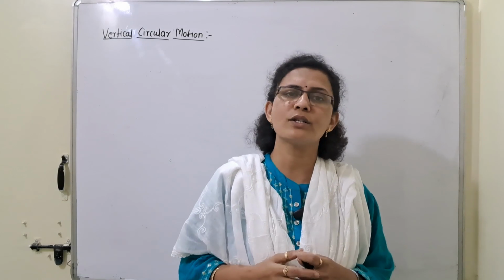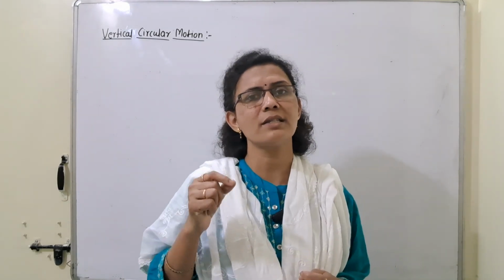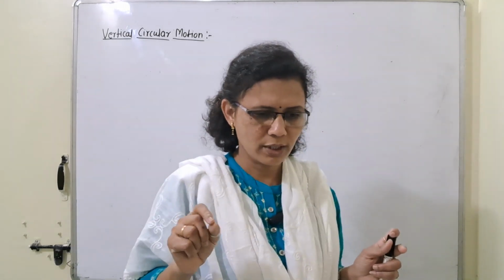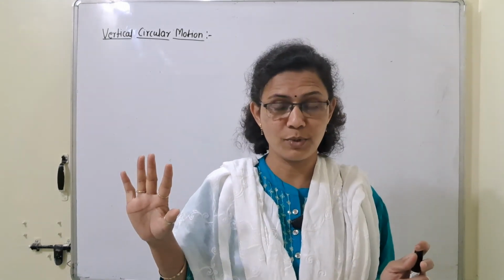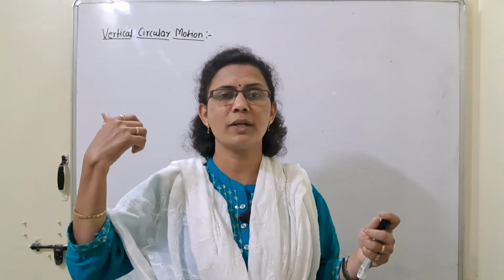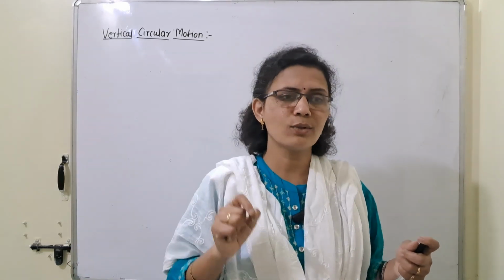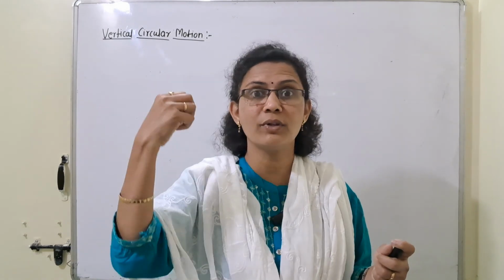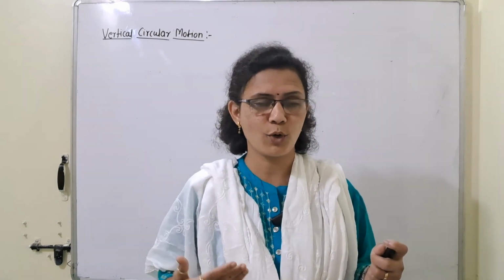So let's start today's derivation, that is vertical circular motion. In case of vertical circular motion, they can ask different types of questions. They will simply ask, explain the vertical circular motion. Also, they can ask, derive the expression for tension difference between the uppermost point and the lowermost point.